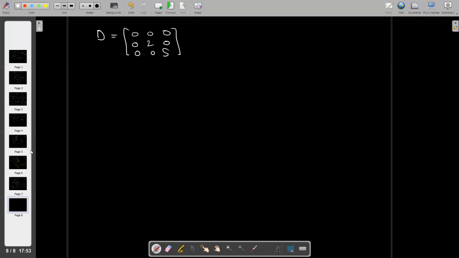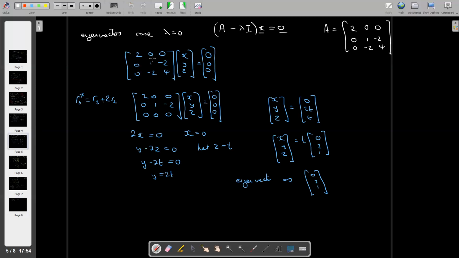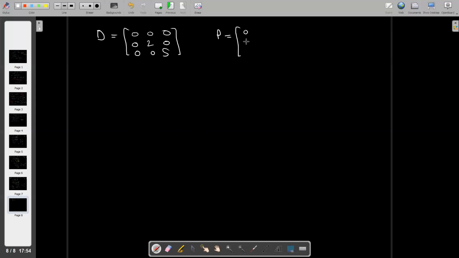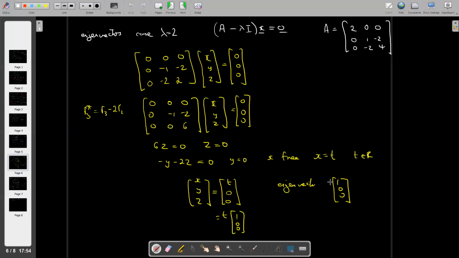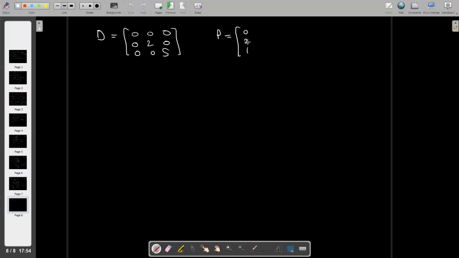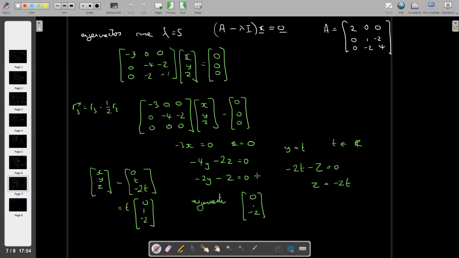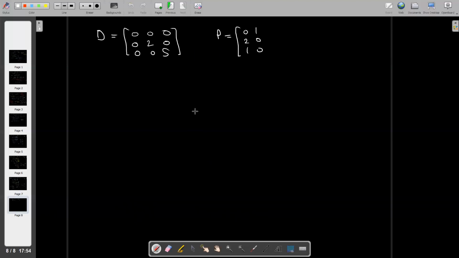So the corresponding eigenvectors, so now we can make the matrix P, which is going to be, so the eigenvector for 0 was (0, 2, 1). So that's going to be 0, 2, 1. The eigenvector for 2, what's this one, is (1, 0, 0). And the eigenvector for 5 was (0, 1, negative 2).